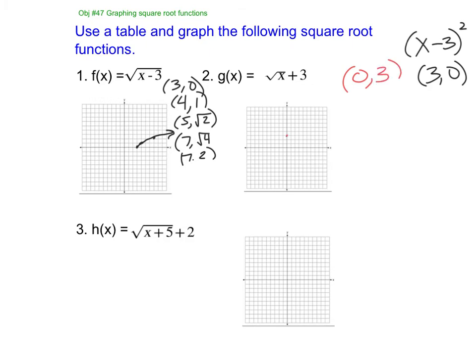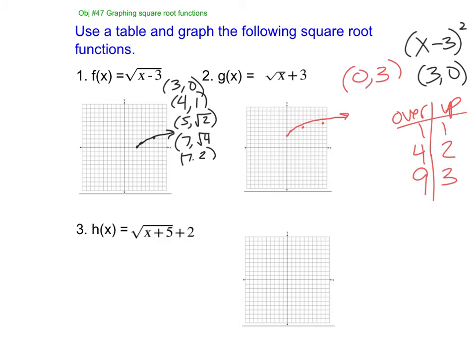So I start with 0, 3, and then I'm going to go over 1, up 1, back to my starting point, over 4, up 2, back to my starting point, over 9, up 3. Because it's based on a square root: over, up, 1, 1, 4, 2, 9, 3.